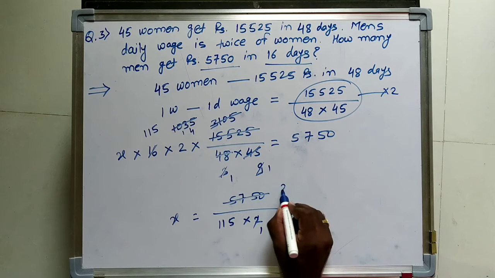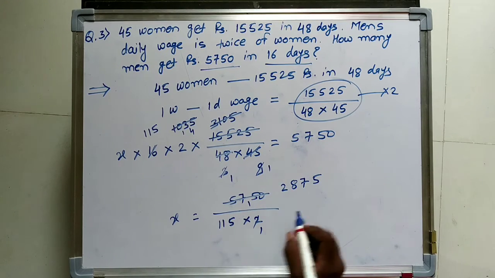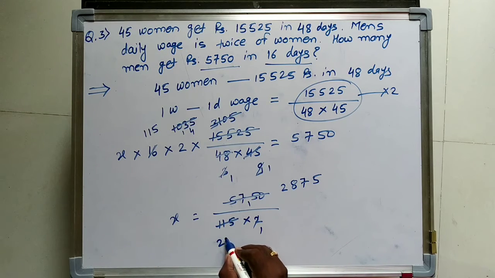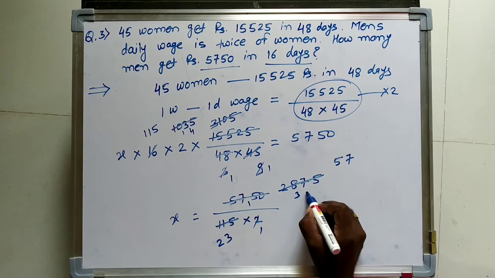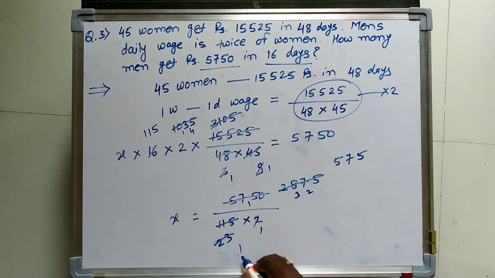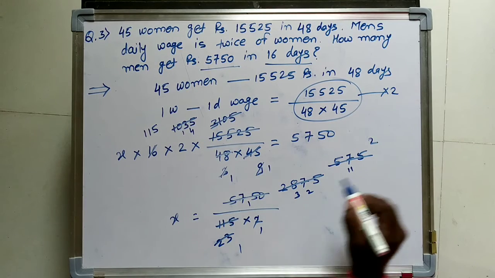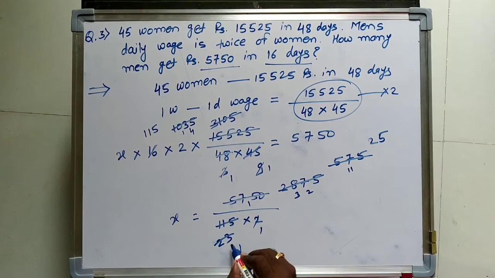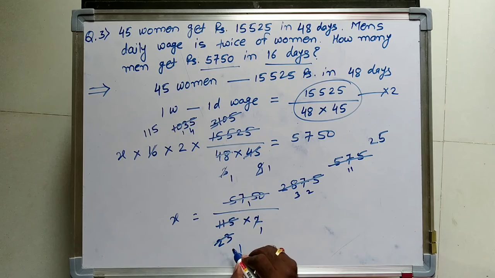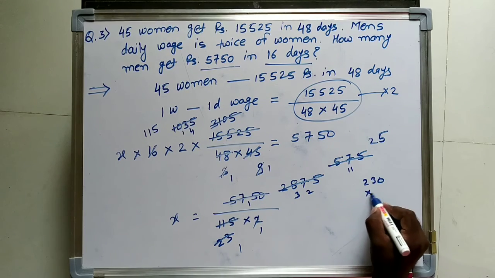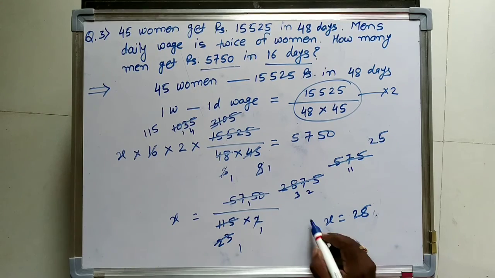Simplifying step by step, 23 ones are 23, 23 twos are 46, and 23 fives are 115. So the number of men is 25. This will be our answer.